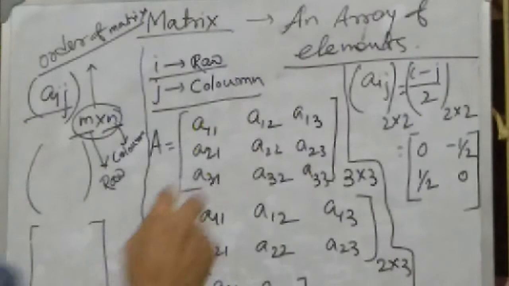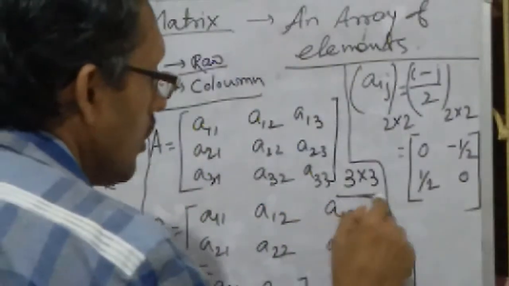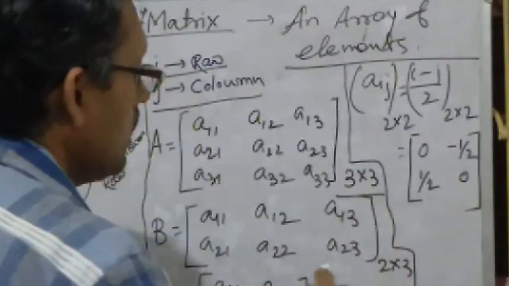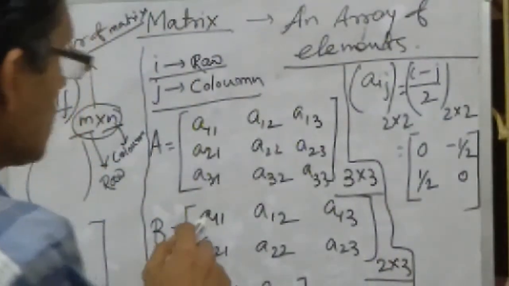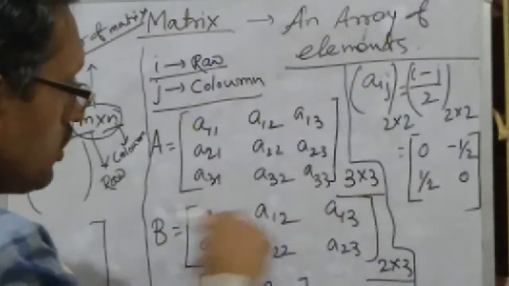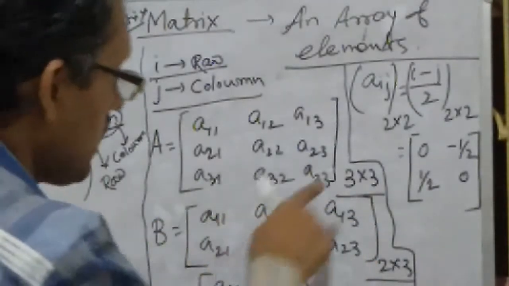In this example, the order is 3 cross 3. In this example, the order is 2 cross 3, because it has 2 rows and 3 columns.